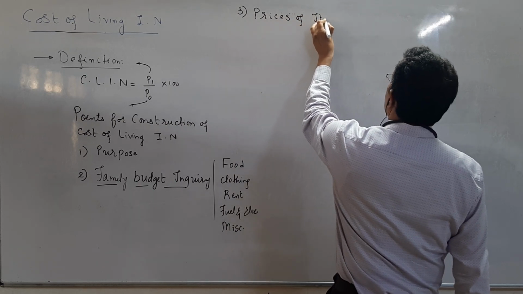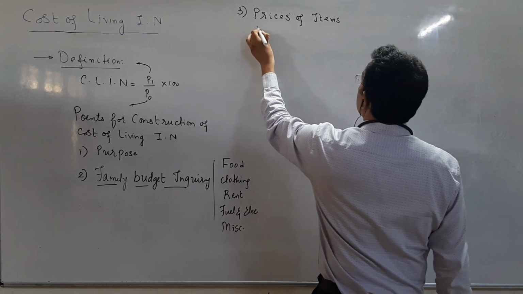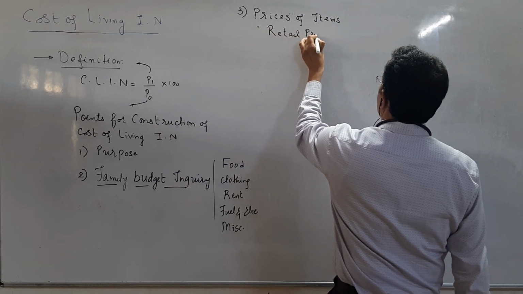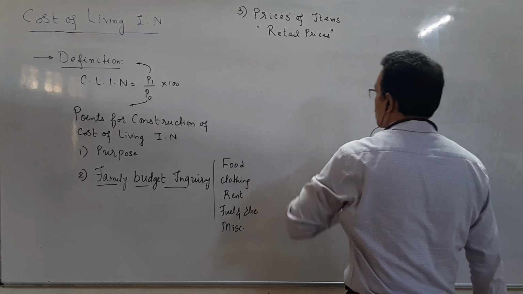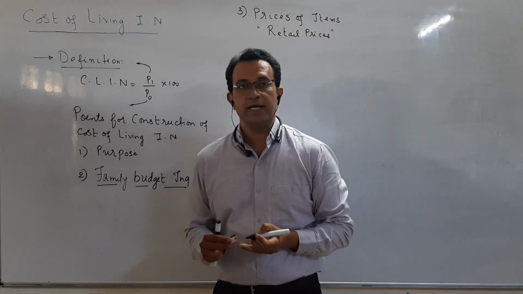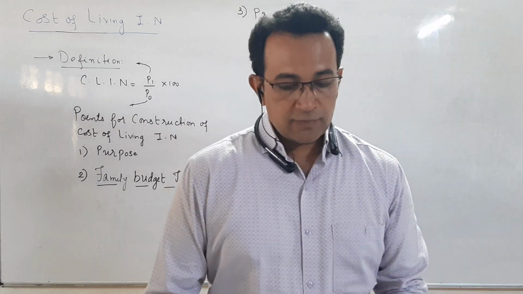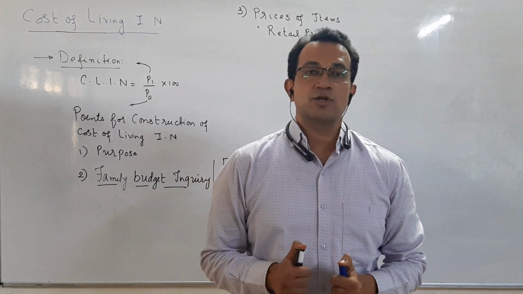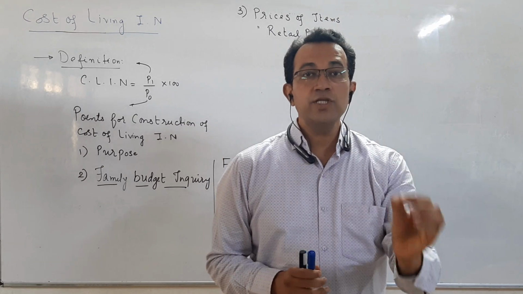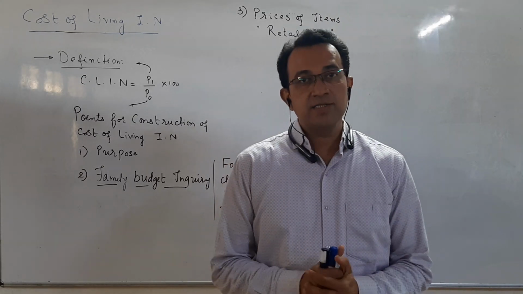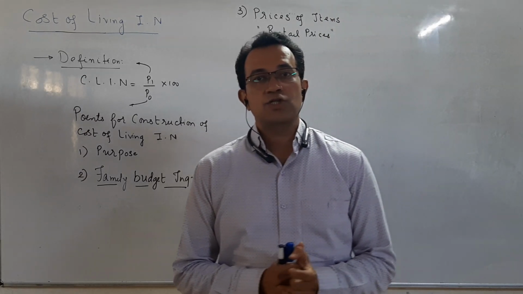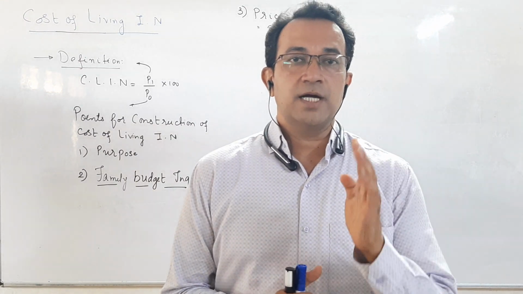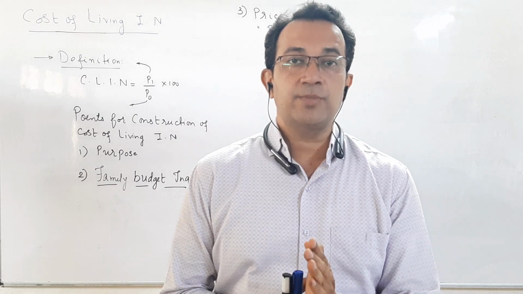The third is availability of prices of items. And in day-to-day life, students, retail prices are considered for construction of cost of living index number. This is one of the most important MCQs asked from this topic. Which prices are considered in the construction of cost of living index number? The answer is the retail prices.